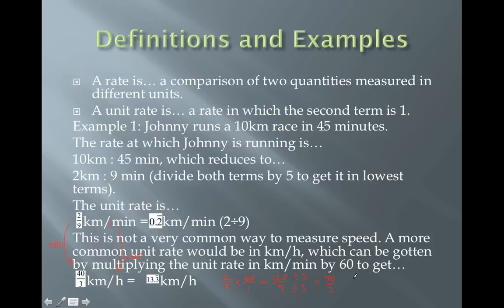Most of you have calculators and it'll do that for you. The 40 over 3, you can always change that into a mixed fraction. How many times does 3 go into 40? And that would be 13 times with 1 left over. So you could also say it's 13 1/3 kilometers per hour, or if you want it as a decimal, 13.3 repeated kilometers per hour.